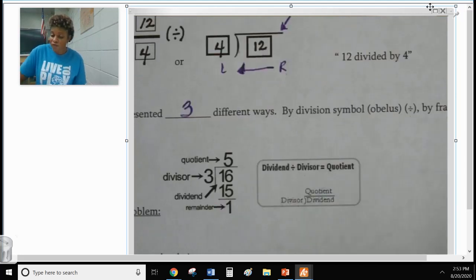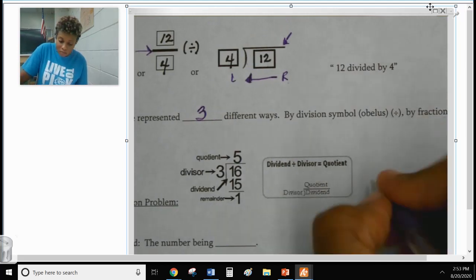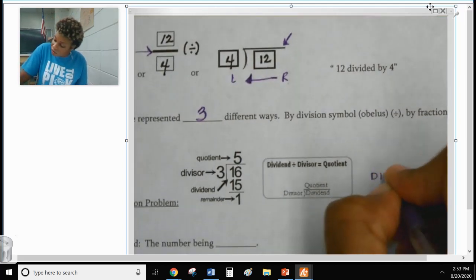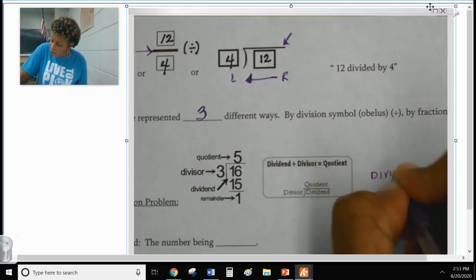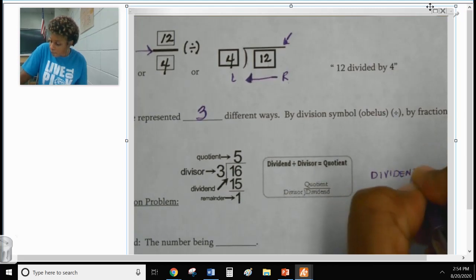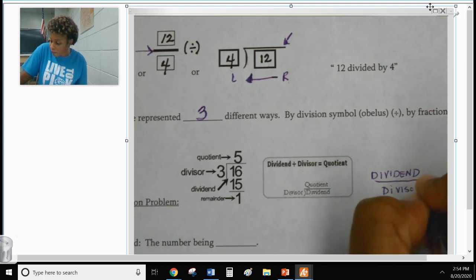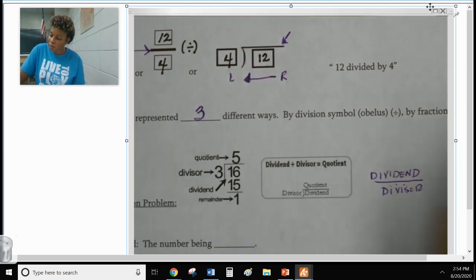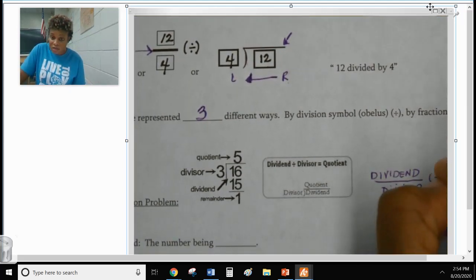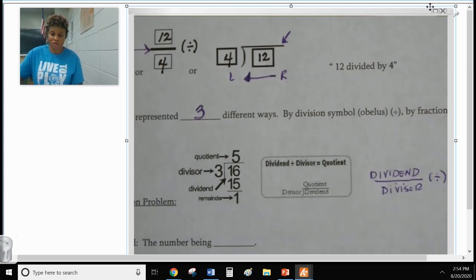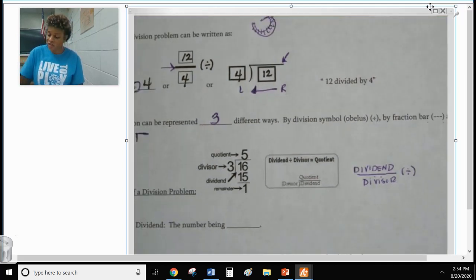When we write it in fraction form, it's going to be dividend on top and divisor on the bottom. Now remember, our fraction bar is a division symbol. Fractions are division.